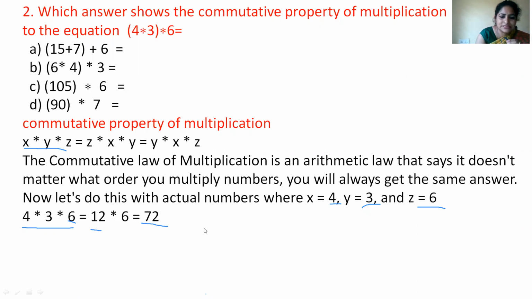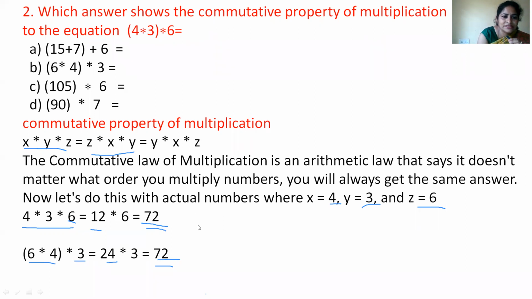Now we shall see if we substitute the values in z into x into y. In this we get 6 into 4, that is 24, into 3, which is equal to 72. So we can observe this 72 and this 72, the answer is same.